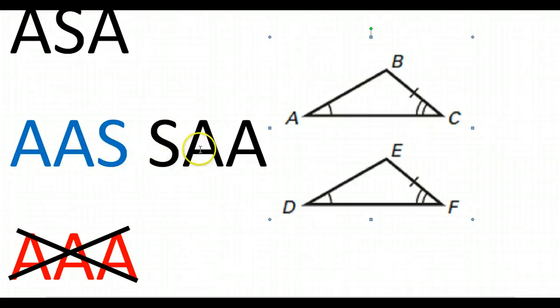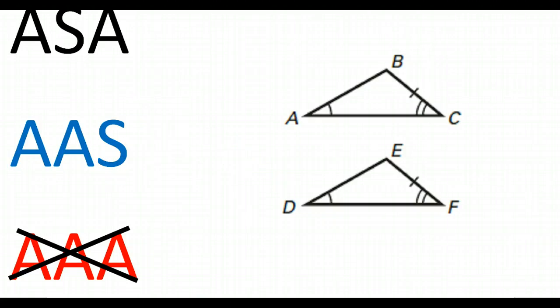So like the same picture I have, you could consider this to be side, angle, angle, if you will. But we don't use side, angle, angle. Just by tradition, if you have two angles and the side that's not between them, we call it angle, angle, side. We don't call it side, angle, angle, because that's the same thing.